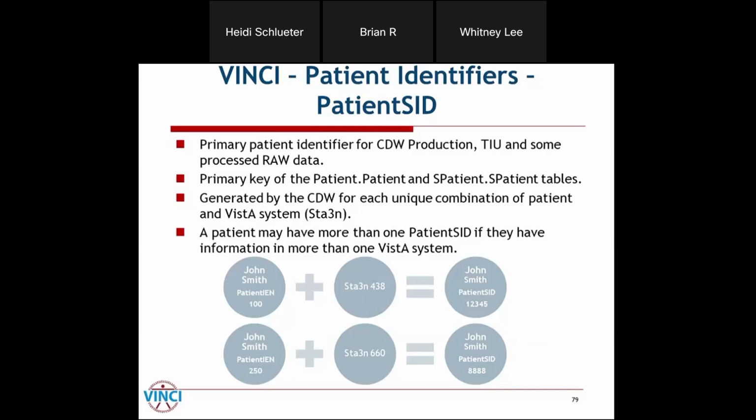So for my example here, we have John Smith. He is seen at station 438 and is assigned patient IEN of 100 and is assigned a patient CID of 12345. Same John Smith goes to station 660 and is assigned a patient IEN of 250 and a patient CID there of 8888.